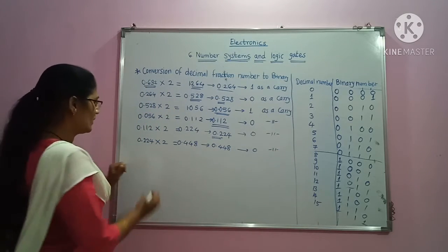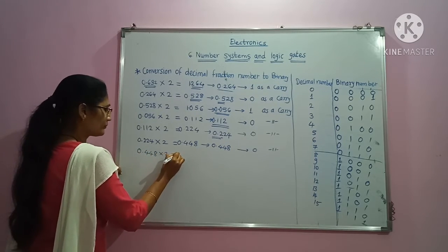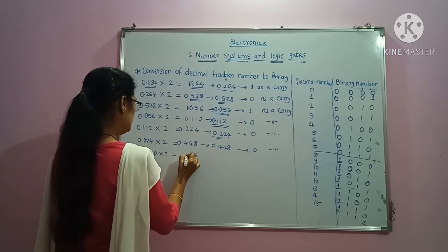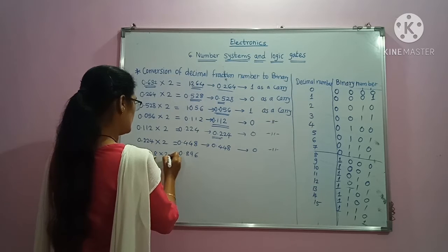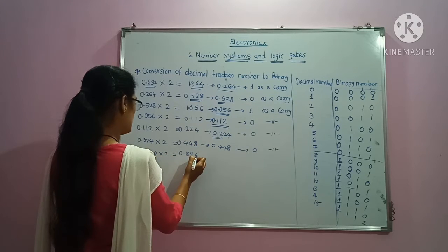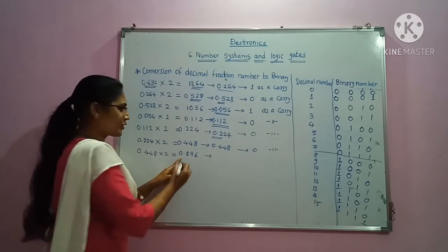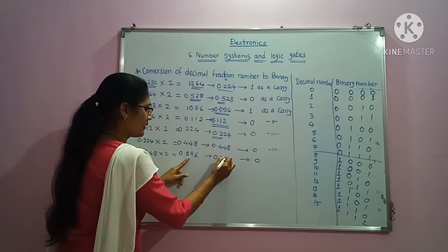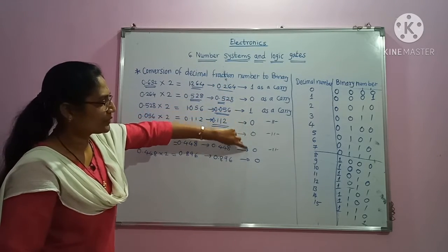Again I have to multiply this number by 2. Again I have obtained this fraction, meaning carry 0 and the fraction is as before. 1, 2, 3, 4, 5, 6, 7.